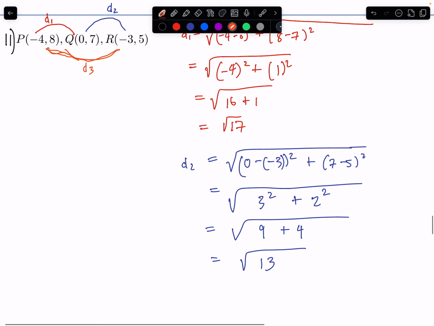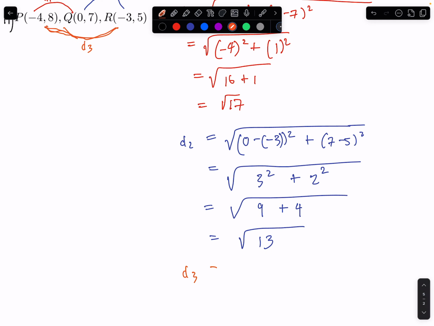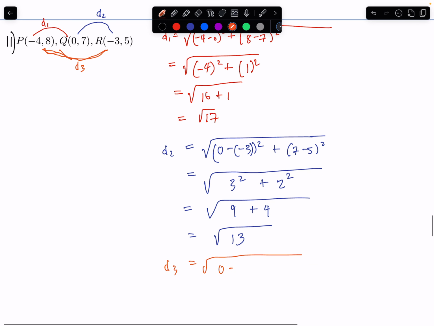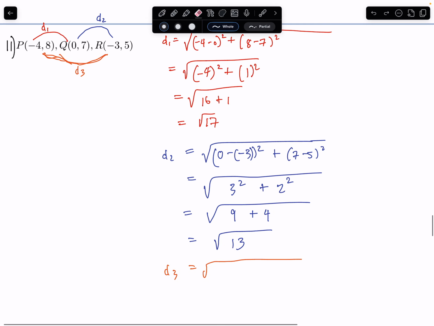Okay, third one, D3. It's the square root of 0 minus negative. Oh, I'm sorry, looking at the wrong number, guys. I should be looking at negative.